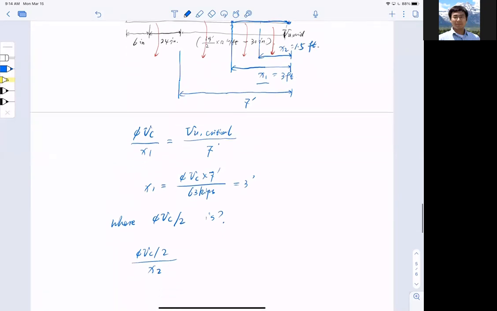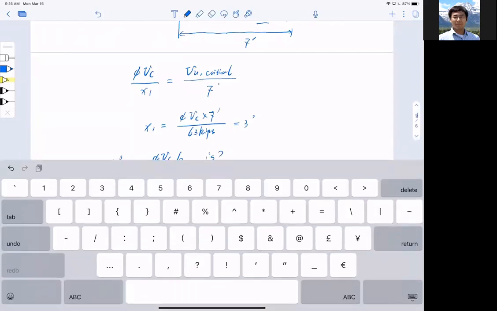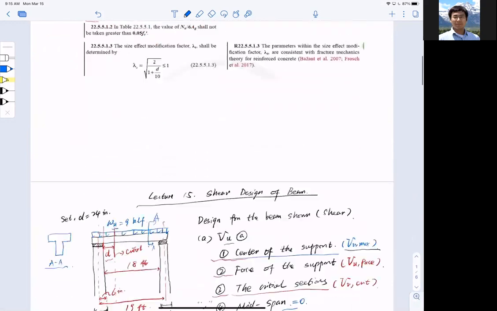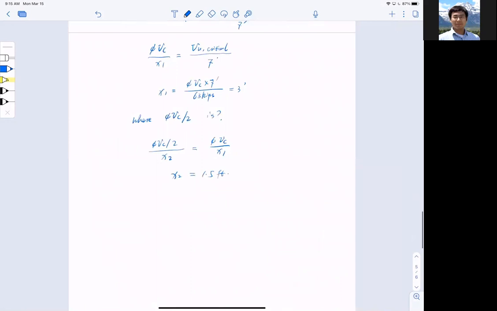And just to run through the calculation, phi VC divided by 2 is located at 1.5 feet. Very simple, right? 1.5 feet. Okay. So that is where we have half of phi VC.